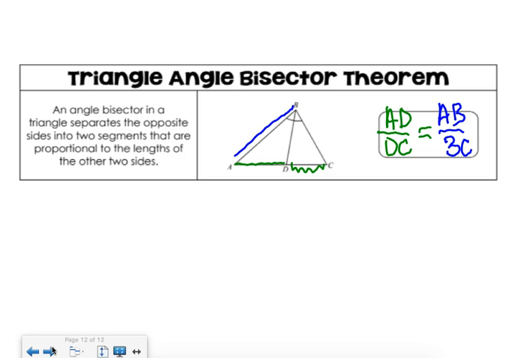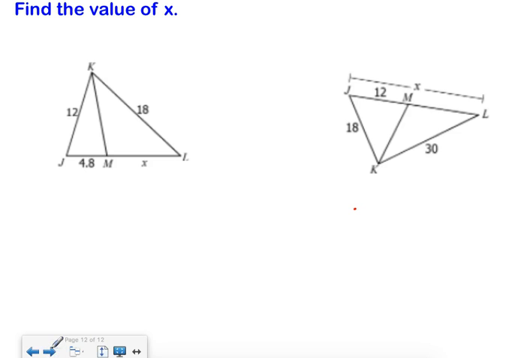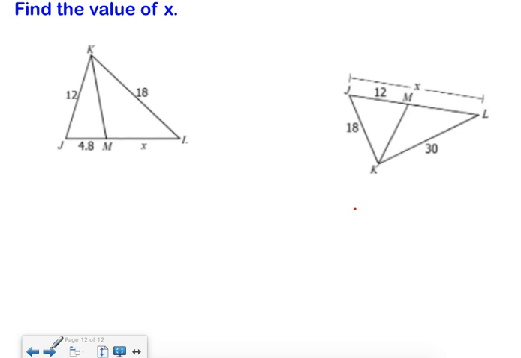So just know that if you have an angle bisector, it splits up your triangle proportionally. And again, mainly this is used just to find the side measures. So like on this one, if we want to find the value of x, I'm going to write my little parts over each other.